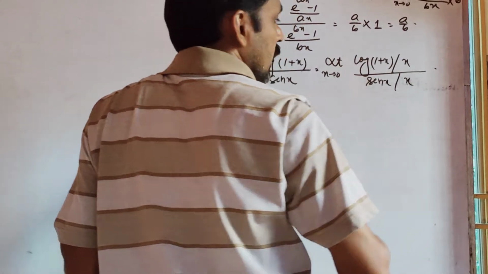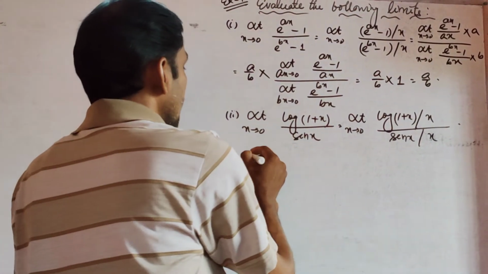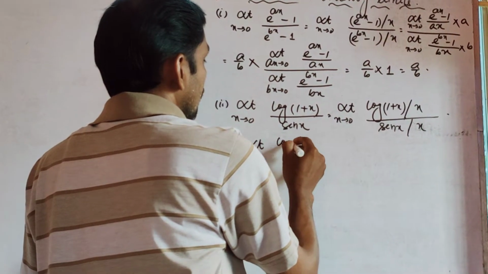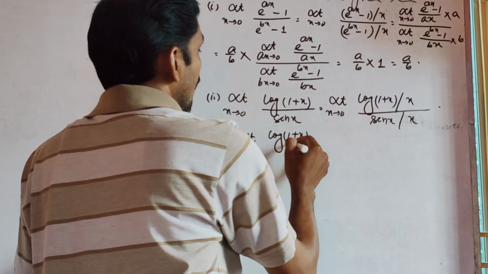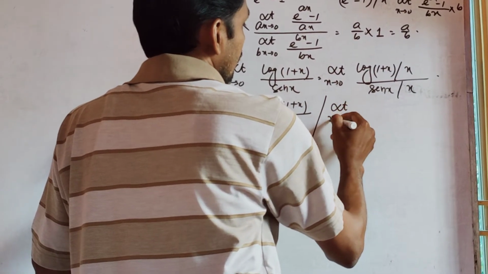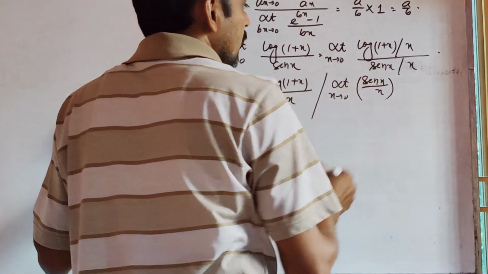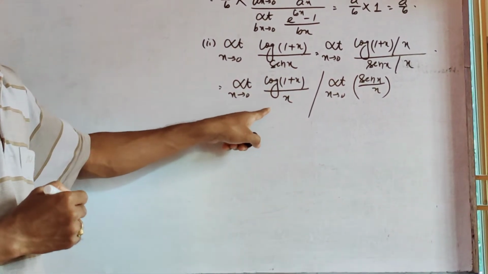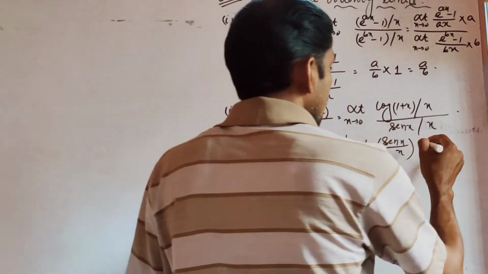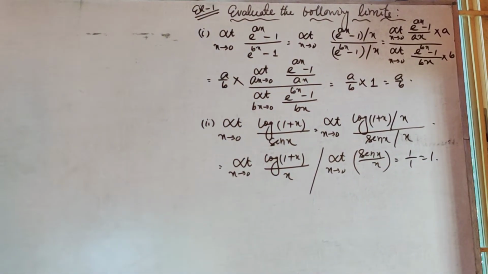Again you have divided both numerator and denominator by x. Now it is limit x tends to 0 of log(1 plus x) by x, whole divided by limit x tends to 0 of sin x by x. Now by standard formula this value is 1 and sin x by x is also 1. So this is 1 by 1 equal to 1.